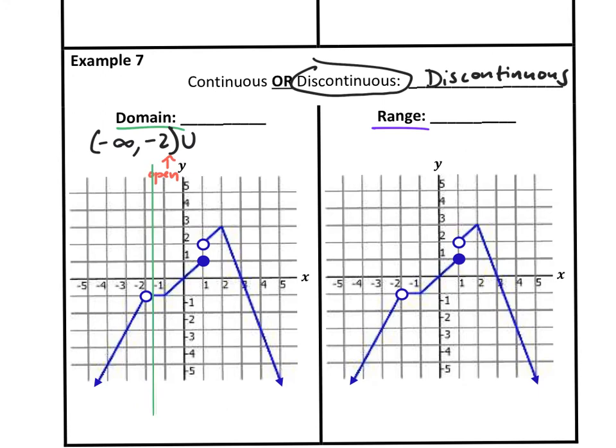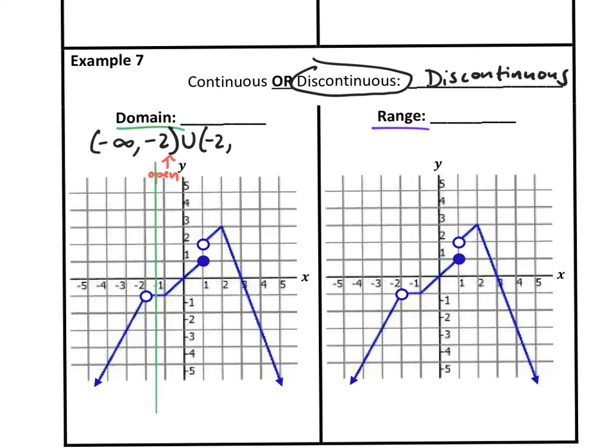And so the next piece starts where the last one finished, right? So the last piece finished at -2, then there was a hole, and then the graph continues, but continues at -2. So wherever the hole was, that's where it continues at.